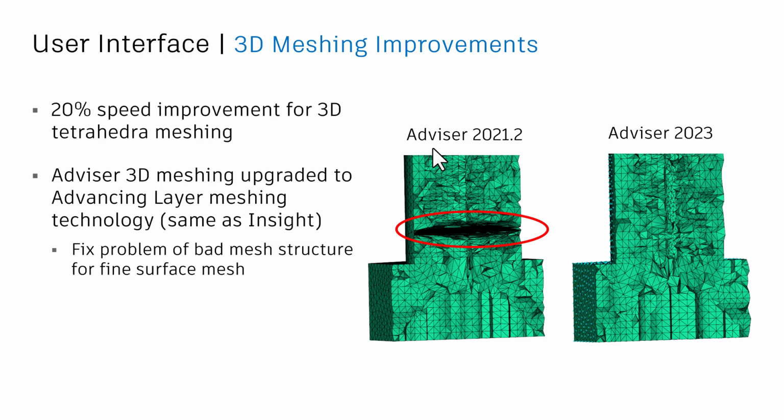And with that comes the announcement for Advisor 2021.2 versus Advisor 2023: we are applying the same meshing algorithm as is used for Insight. So it fixes the problem of the bad mesh structures or the fine surface mesh that was occurring in Advisor 2021, and that gets rectified.